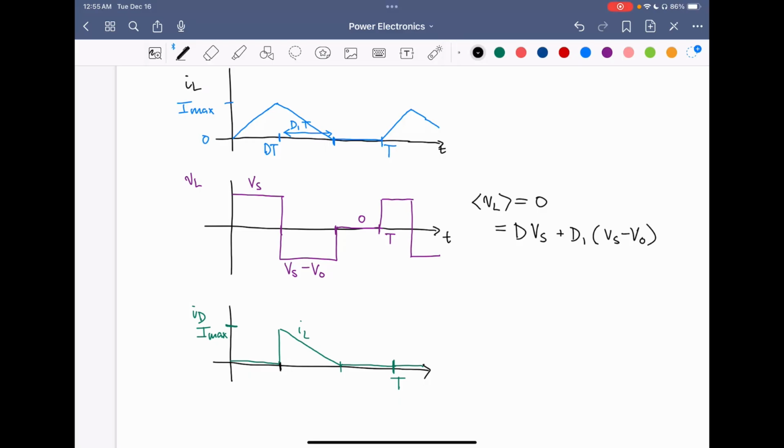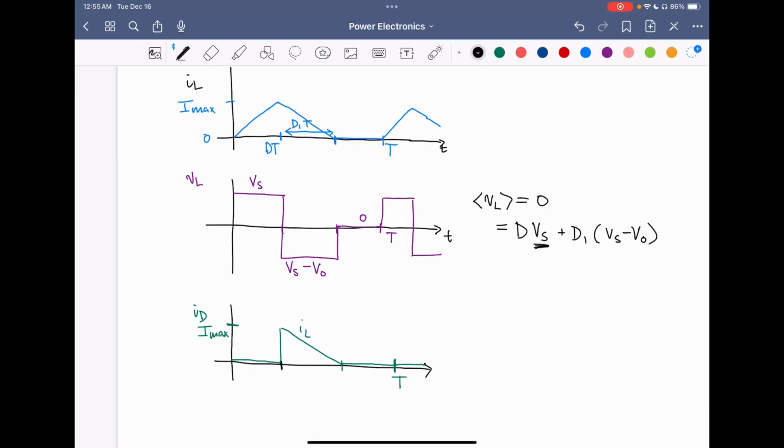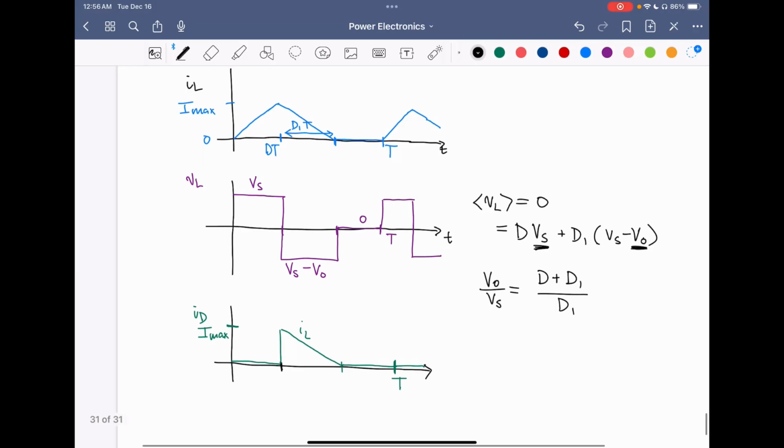So we can solve for the ratio of Vs to Vo by moving these terms around. If we do so, we find that the voltage conversion ratio, Vo over Vs, is equal to D plus D1 over D1. So if we want to solve for the voltage conversion ratio, we need to find an expression for D1.